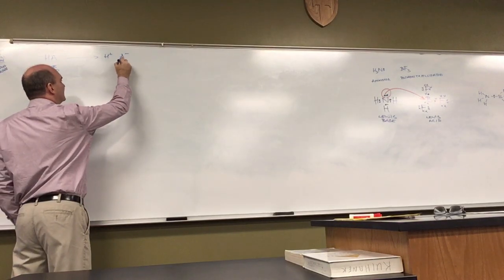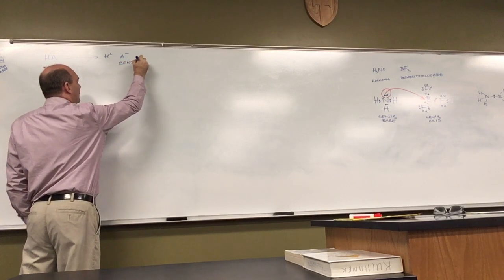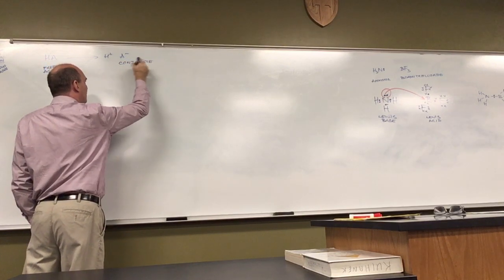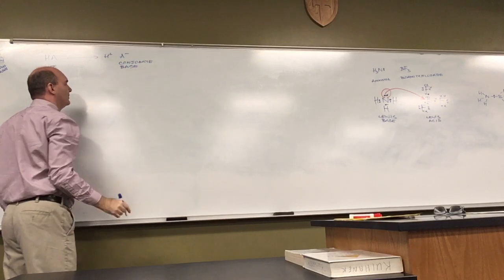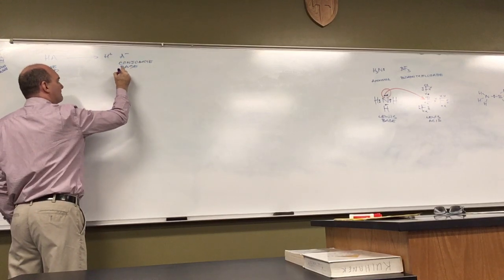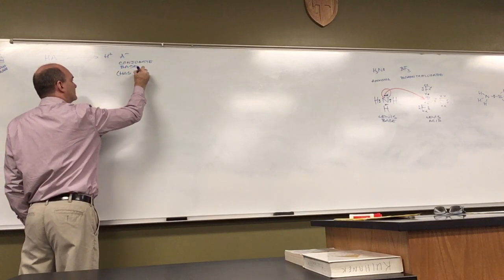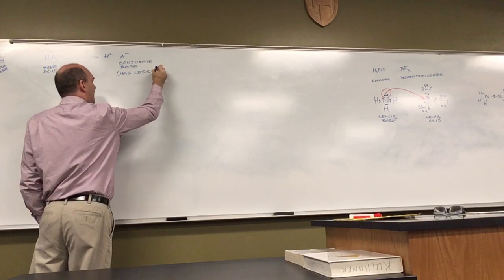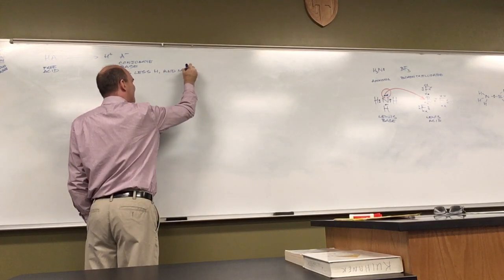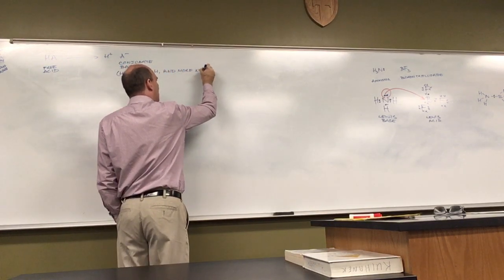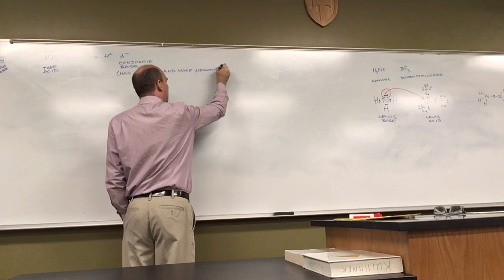And the A minus is something that we call a conjugate base. A conjugate base has less H and more negative charge.